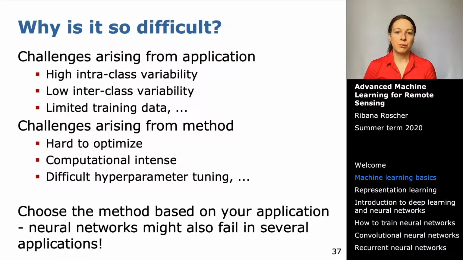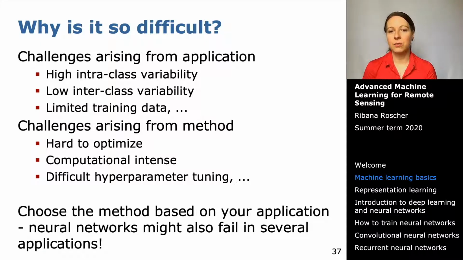Another challenge which arises is based on the method. So it can happen that the model is hard to optimize, so it can be very hard to find optimal parameters, and it might happen that you find a model, but this is not the best model you could determine. Especially when you want to learn a lot of parameters, you can run into computational issues that it takes very long to learn your model.